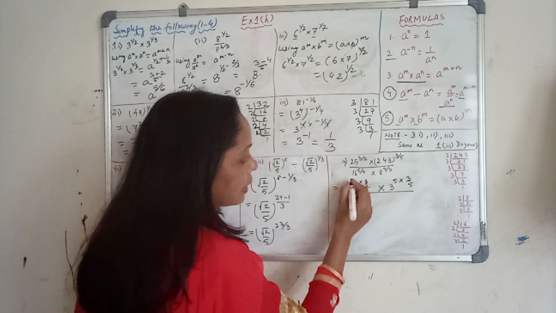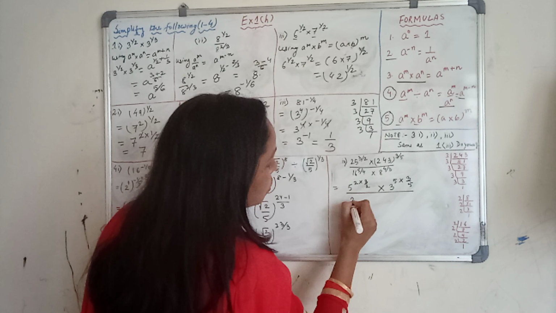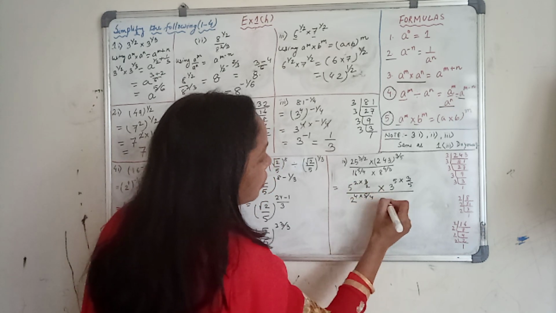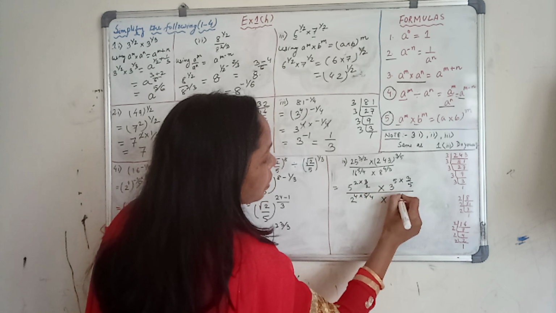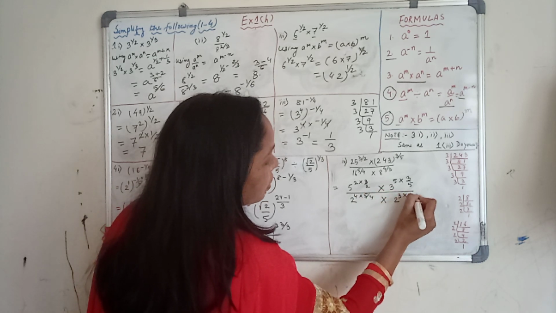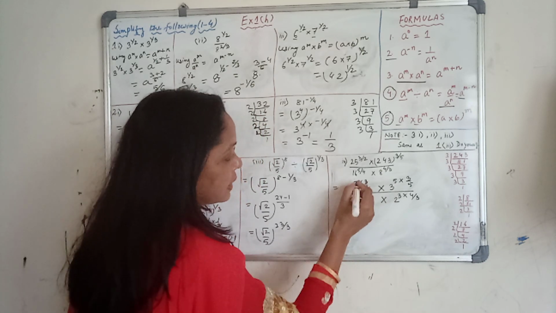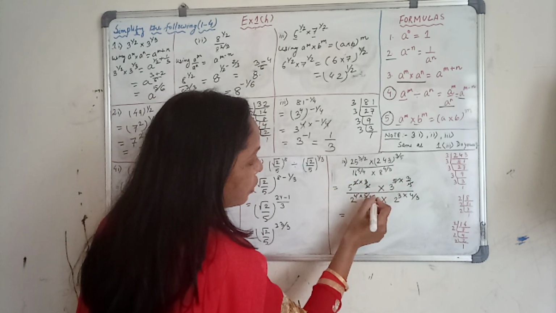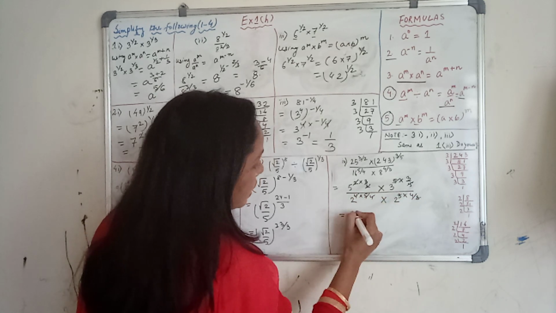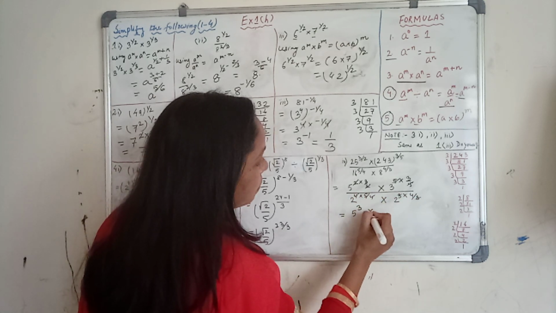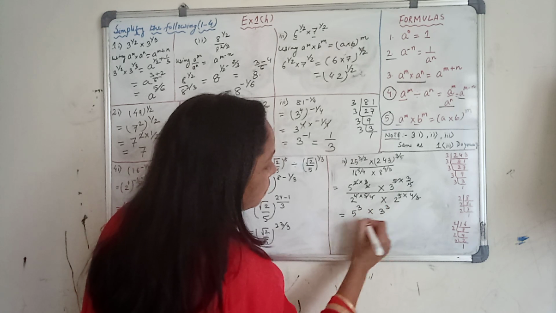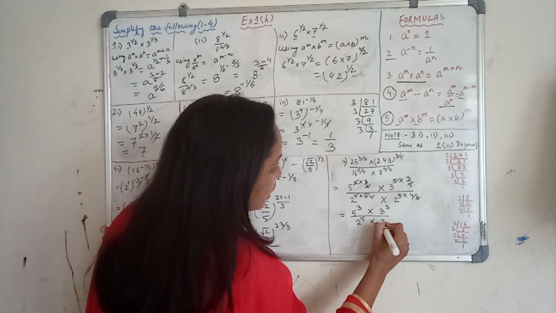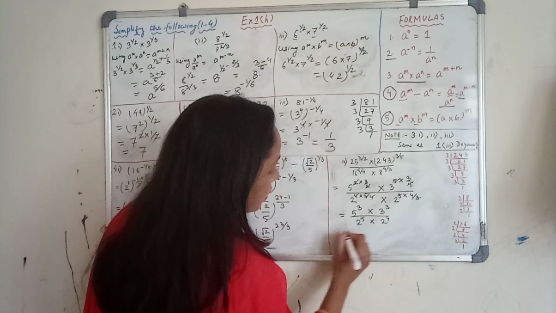Similarly, solve the denominator. 16 means 2, how many times? 4 times, into the given power, which is 5 by 4, into 2 cube into 4 by 3. Now cancel the common 2, 2, 5, 5, 4, 4, 3, 3. What is left here? 5 cube, 3 cube, 2 power 5 and 2 power 4.